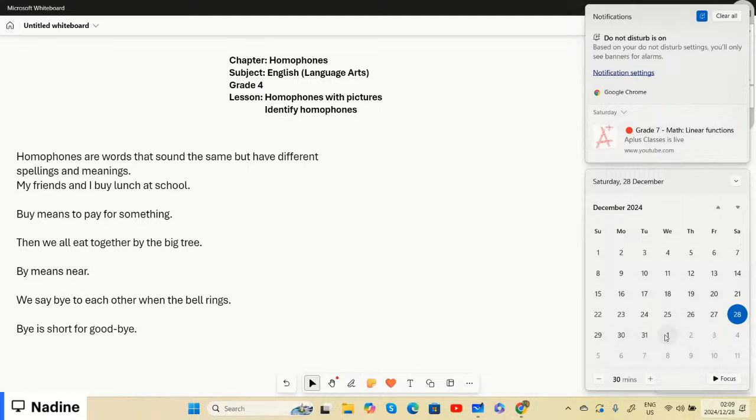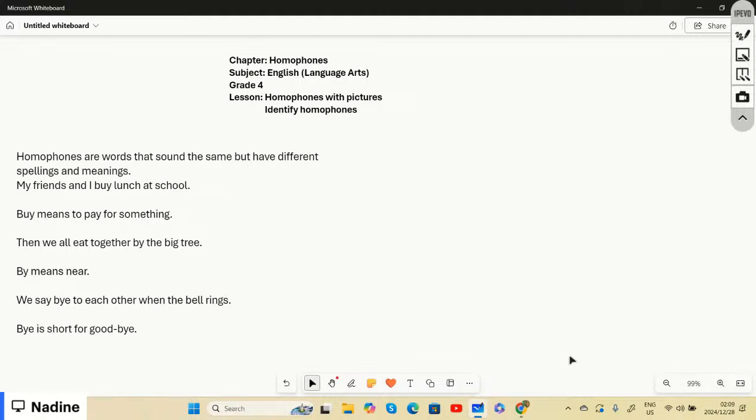So just keep in mind that next week Tuesday and next week Wednesday we're also not having class, because that is still holidays.